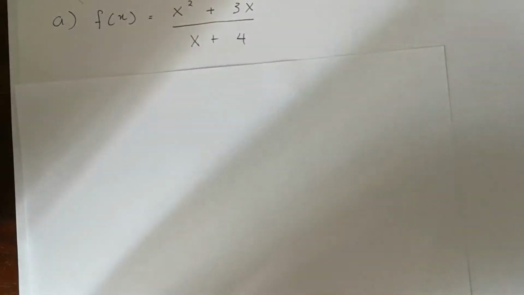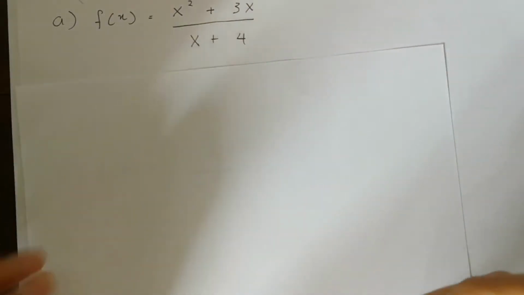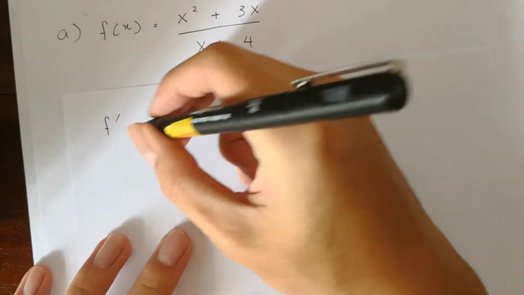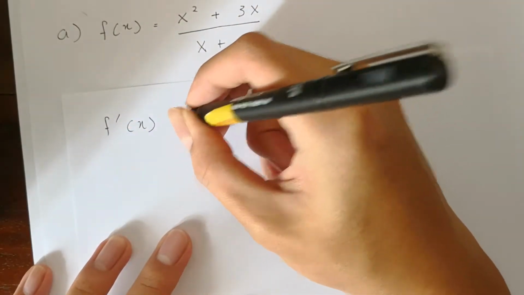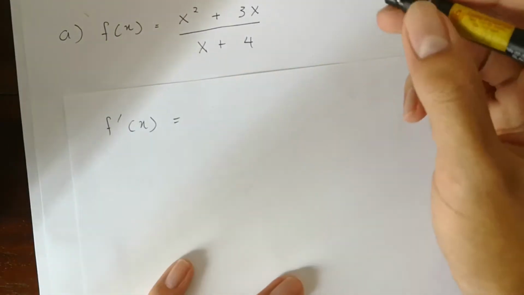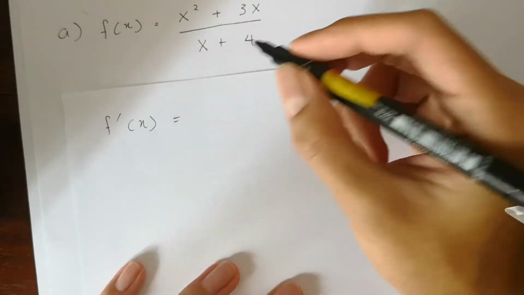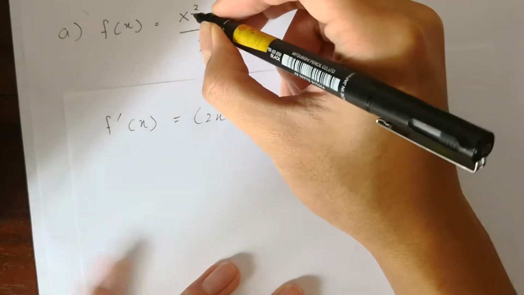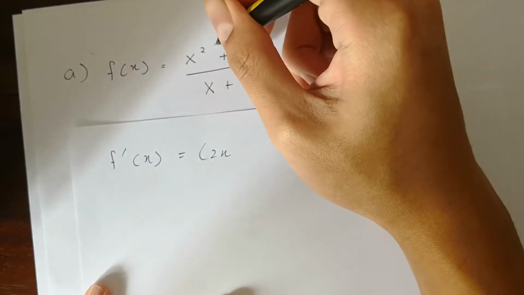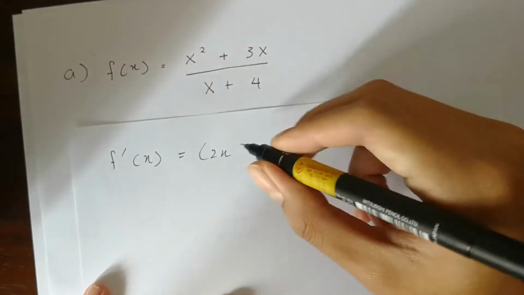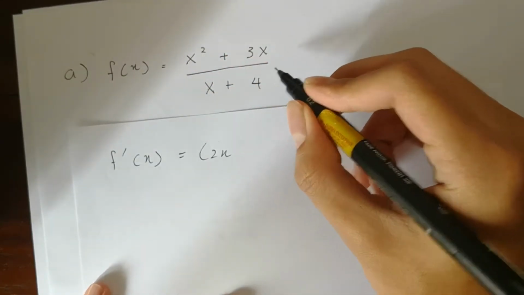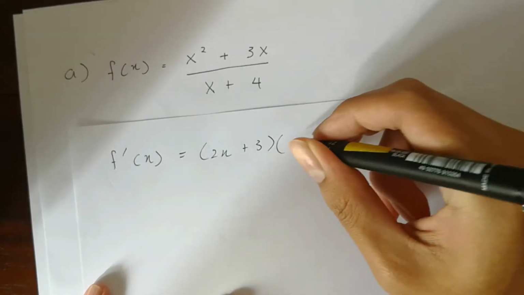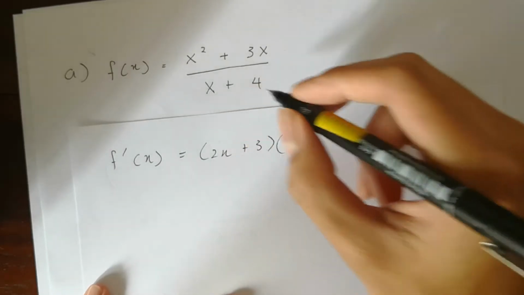To find the derivative of f(x), f prime x is equal to: the derivative of x squared will be 2x, because we bring the power down and minus the power by 1. The derivative of 3x will just be 3, and it is multiplied by the denominator, which is x plus 4.